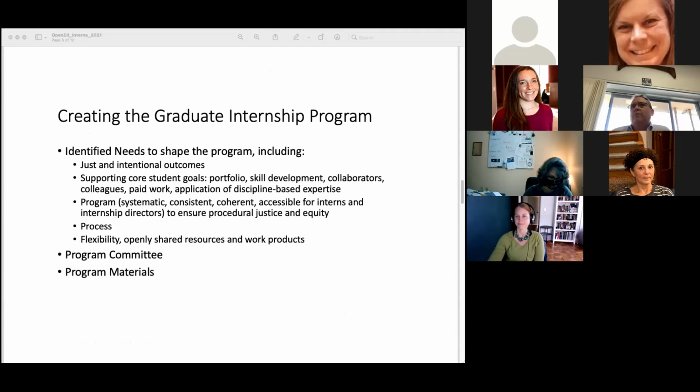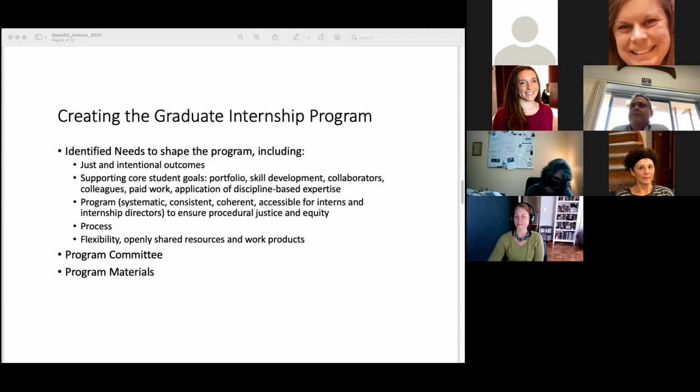When we began, we recognized that the library's decentralized model needed more structure to ensure student interns had support, and that the workers in the libraries directing the internships had guidance, including articulated standards. Further, for procedural justice and equity, the libraries needed a program that provided systematic, consistent, coherent, accessible support for potential internship directors and interns, resulting in just and intentional outcomes.